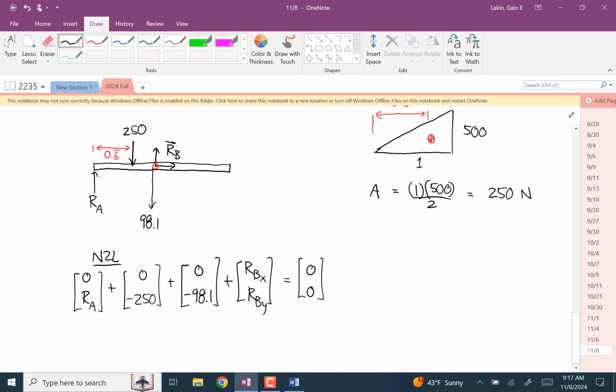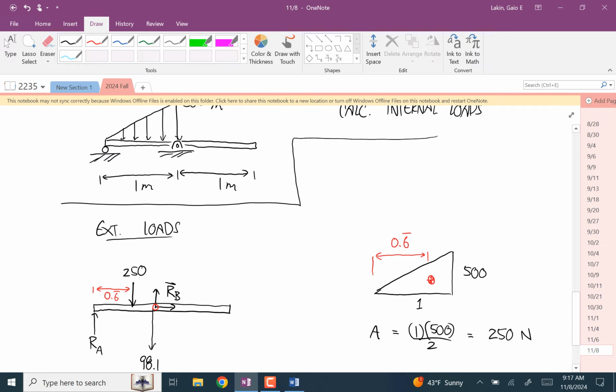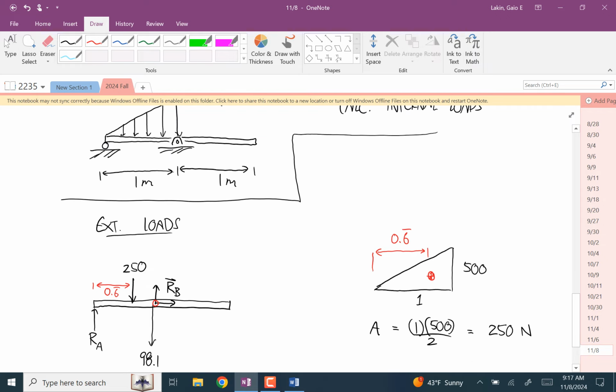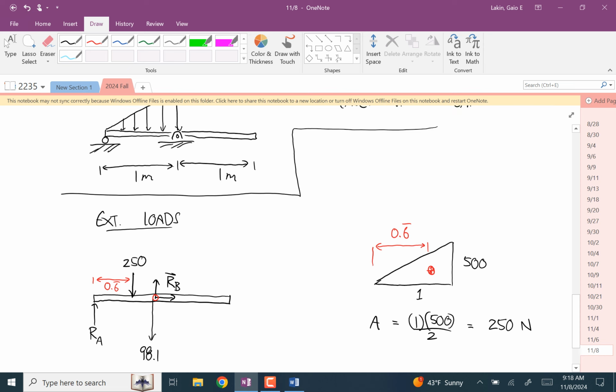I guess we can solve for RBX is equal to 0. I keep forgetting to put horizontal stuff on this. Am I going to do it now?